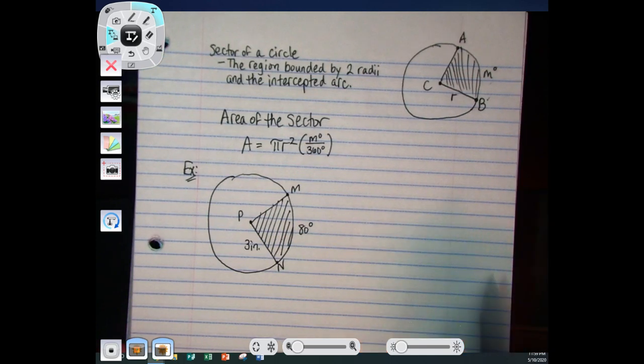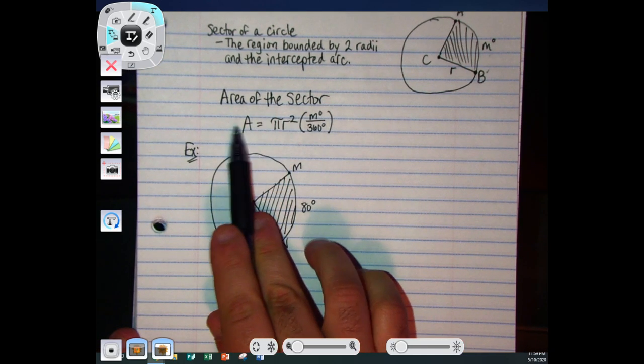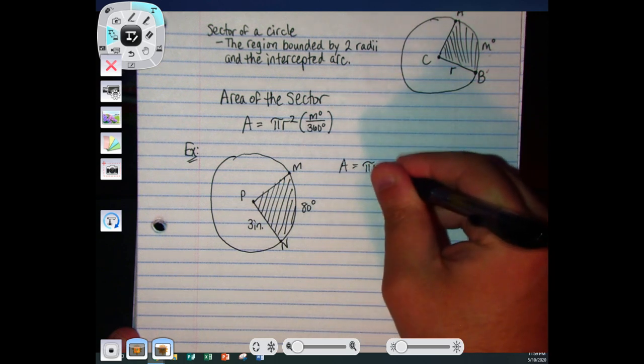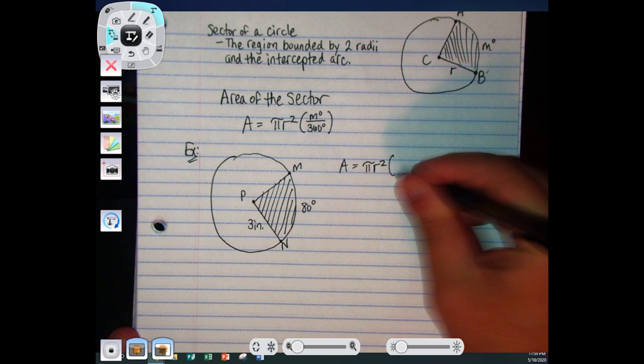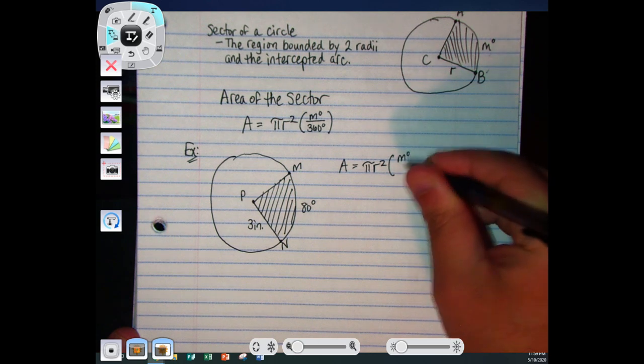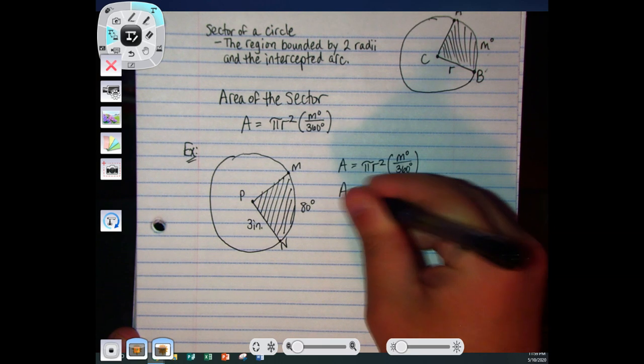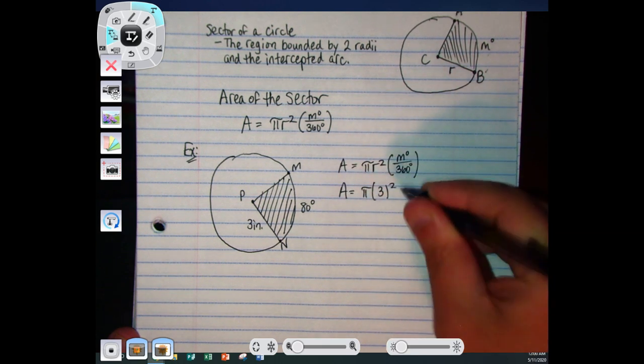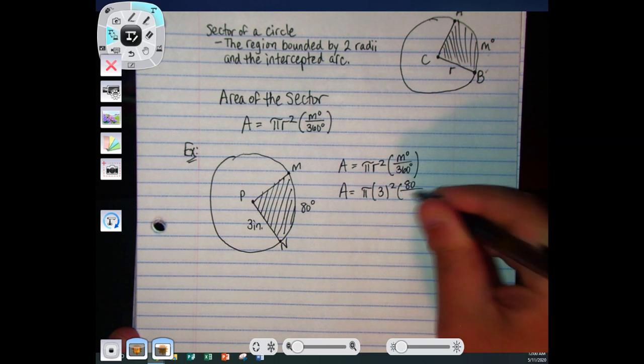Okay. So again, to find the area of the sector, we use the formula A equals pi r squared times the measure of the arc divided by 360. So here it'd be pi times 3 squared times 80 over 360.